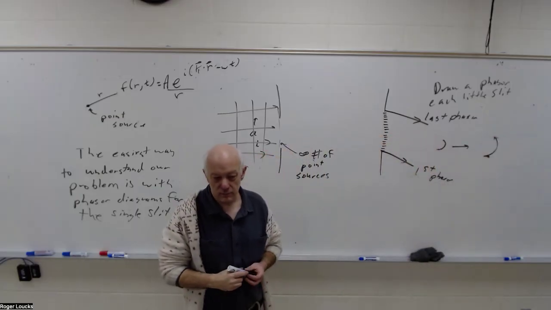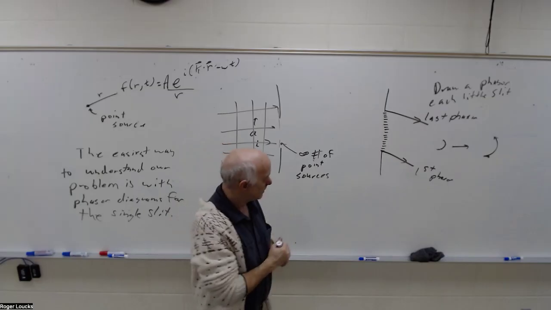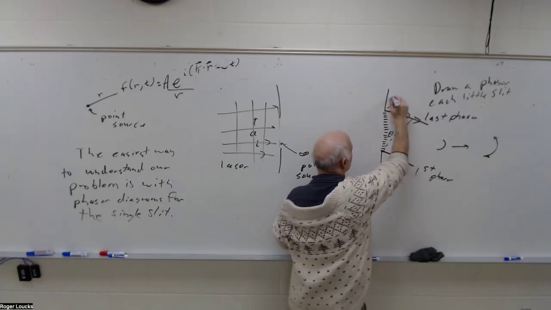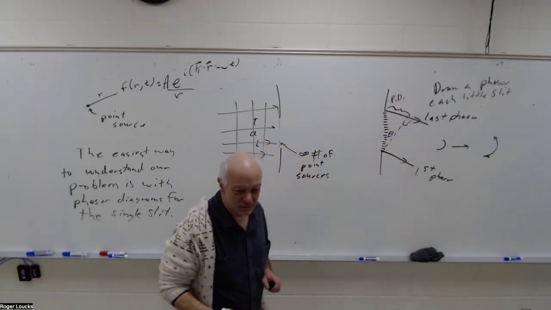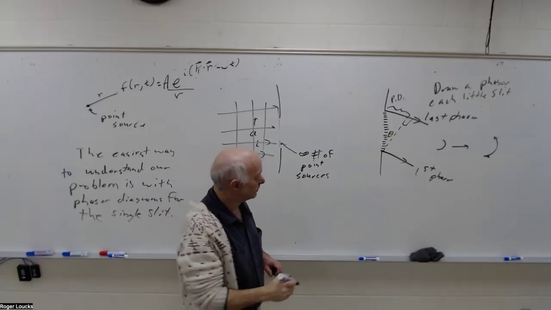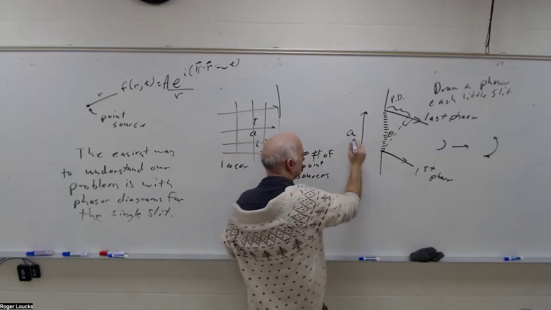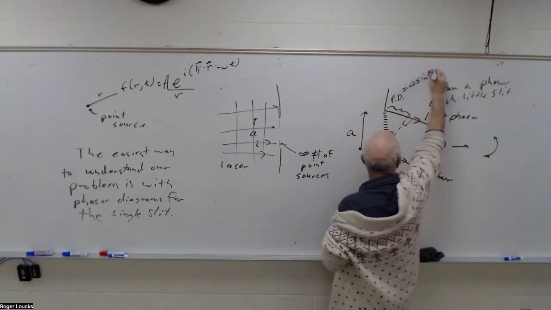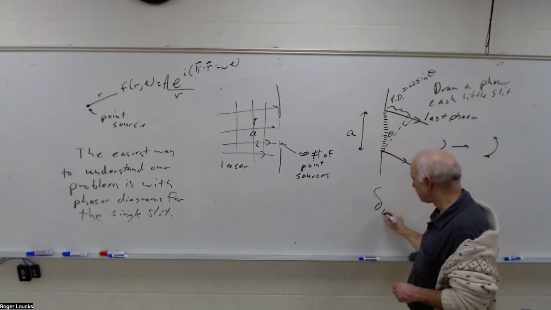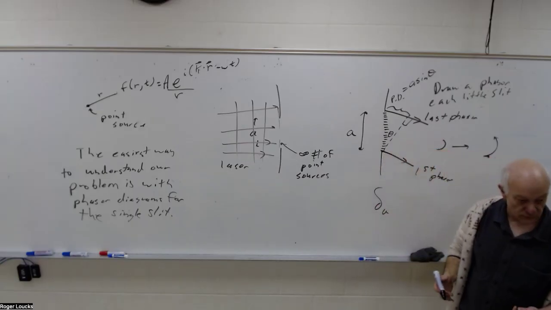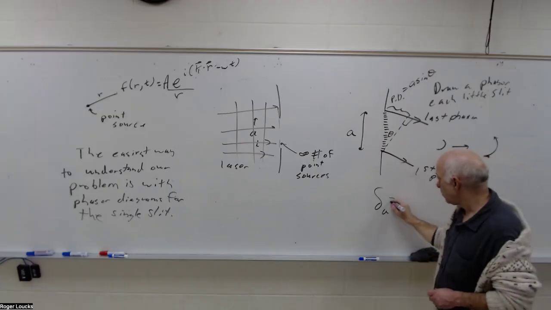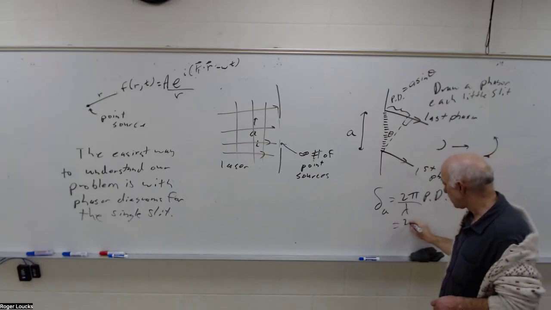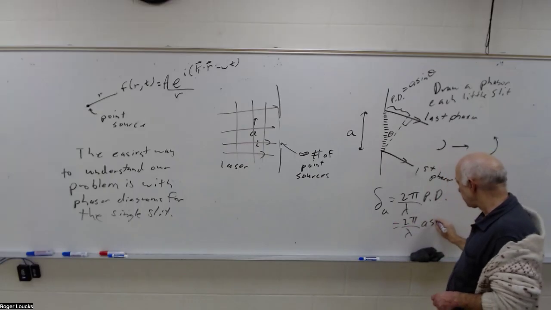I'm gonna drop my little perpendicular and call this theta. So what is my path difference then? It's D sine theta. Not anymore. This is no longer D, it is a. So it's a sine theta. I'm gonna call this delta phi sub a, not to be confused with delta phi sub d, because it's the phase angle now connected with the width. It'll be 2 pi over lambda times the path difference, so 2 pi over lambda, a sine theta.